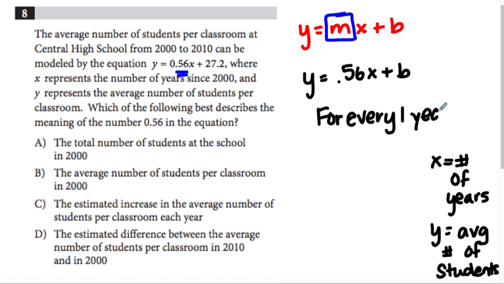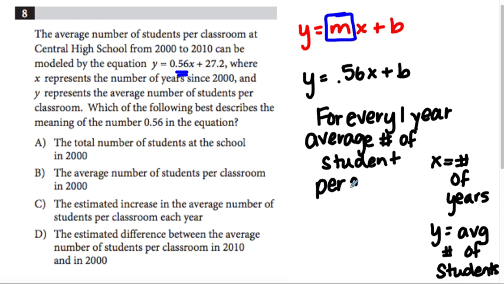So for every 1 year, the average number of students per class is rising by 0.56. We're looking for something like that because remember, slope is a rate of change. So for every year, the number of students is going up.